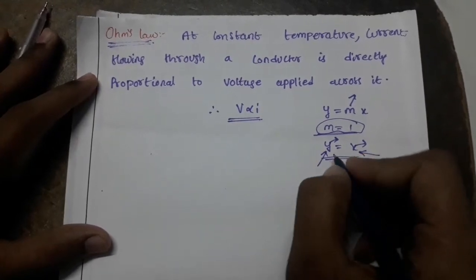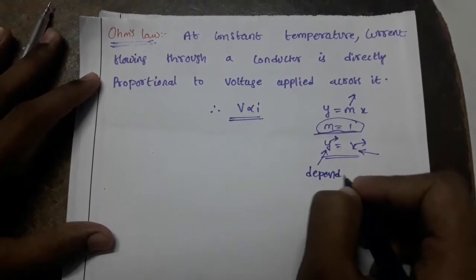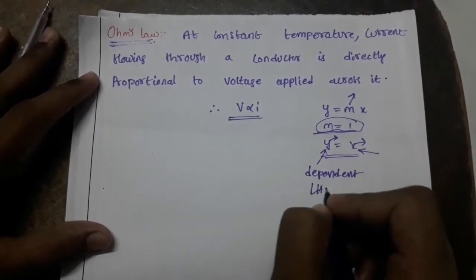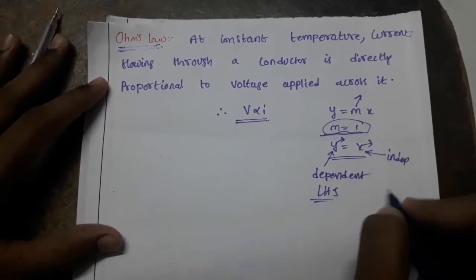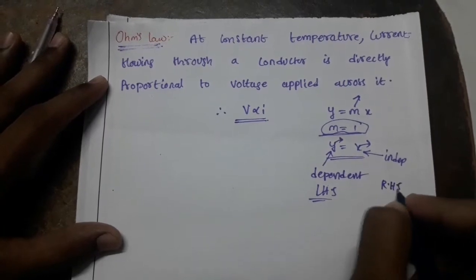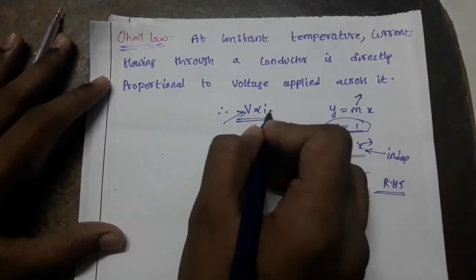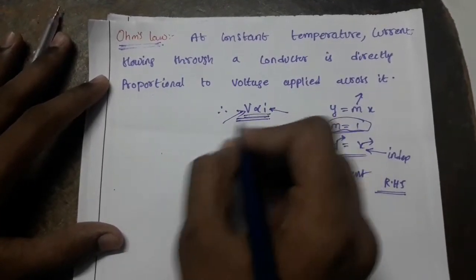That means we write dependent variables on the left hand side and independent variables on the right hand side. So V is the dependent parameter and I is the independent parameter. So I have written V is directly proportional to I.